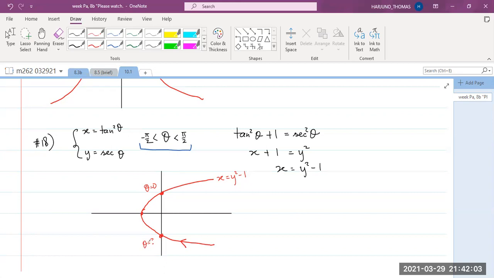Is it really the whole curve or only part of that? Any clue?